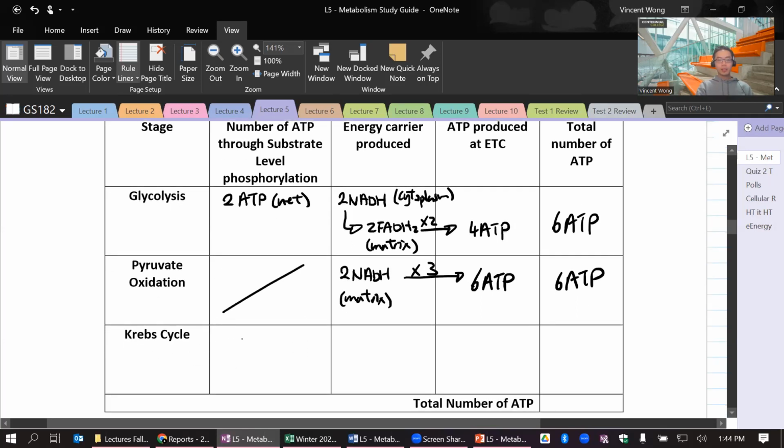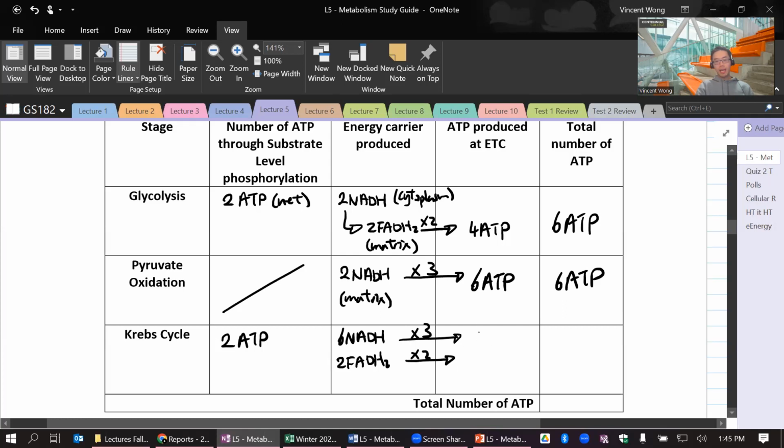In the Krebs cycle, we have 2 ATPs from substrate level phosphorylation, 6 NADH in the matrix, 2 FADH2. We wrote all these down in the notes and the table above. You can check the numbers later on. Times 3 here, times 2.